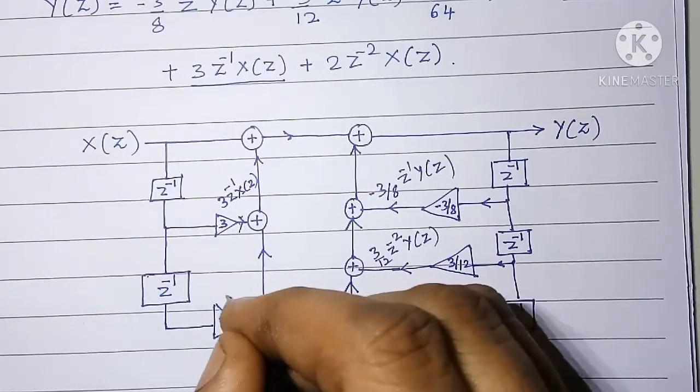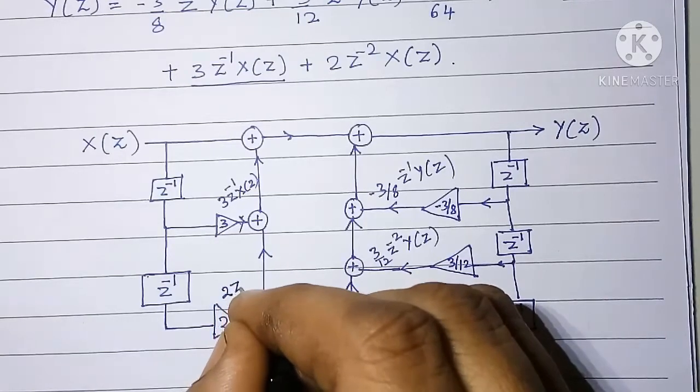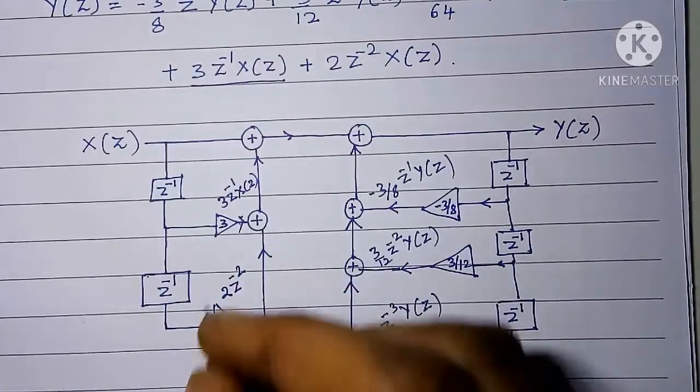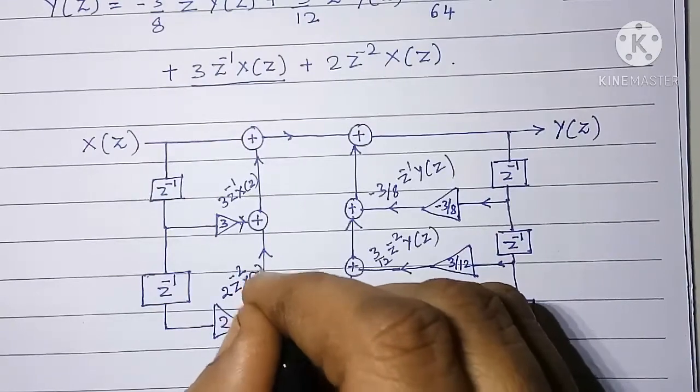Output here is 2 into z raised to minus 2 into x of z.